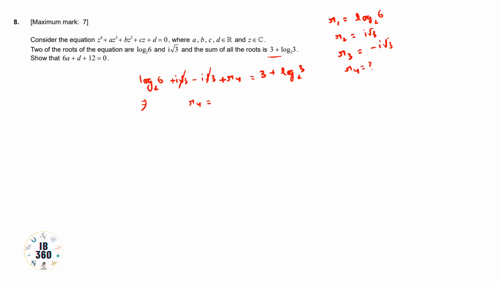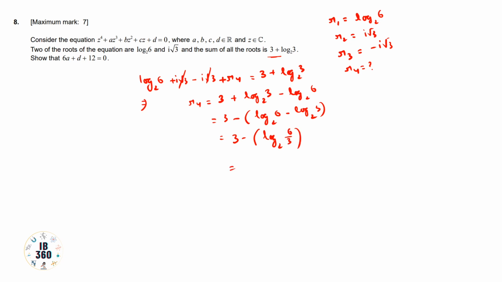So R4 equals 3 plus log base 2 of 3 minus log base 2 of 6. Easily we can write log base 2 of 6 minus log base 2 of 3, which has a simple formula: log base 2 of 6 by 3, because it is in subtraction, so in logarithm it will be in division format. So 3 minus log 2 base 2, and the value of this is 1. So 3 minus 1 equals 2. So R4 is nothing but 2.